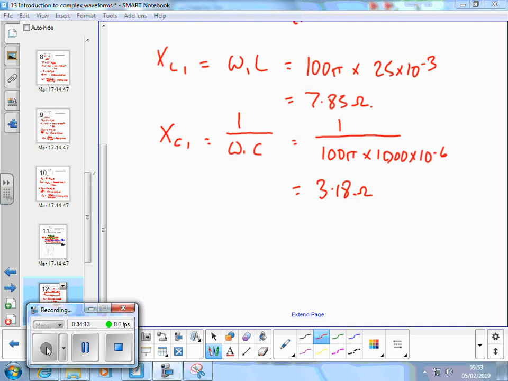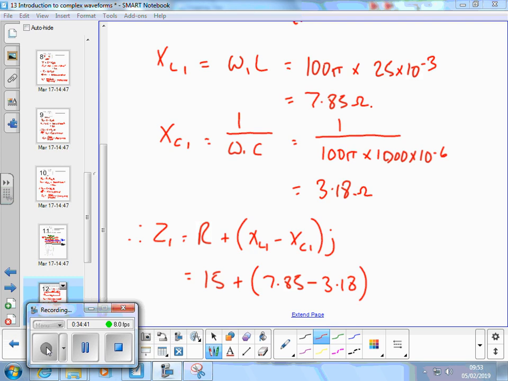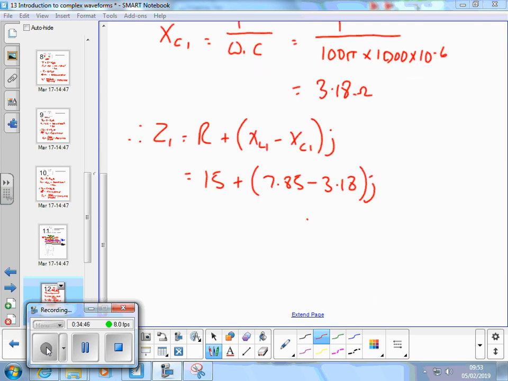Alright, so then we can say Z1 is R plus (XL1 minus XC1) j. 15 ohms plus (7.85 minus 3.18) j. Convert that to polar.